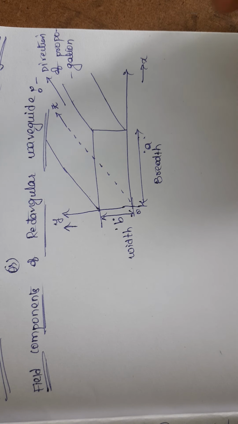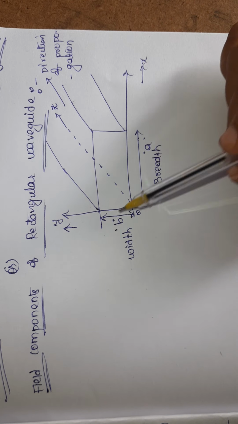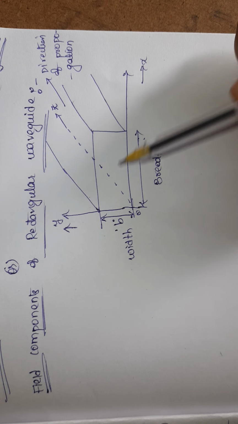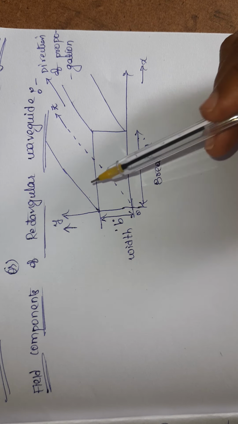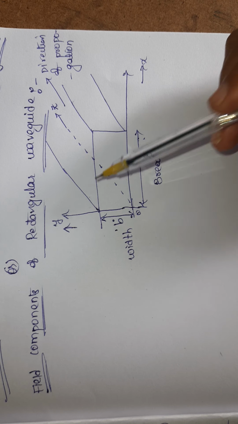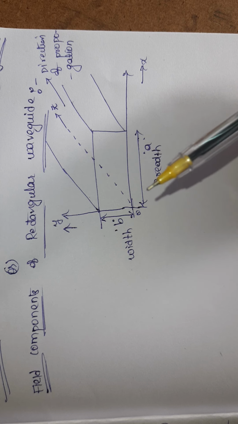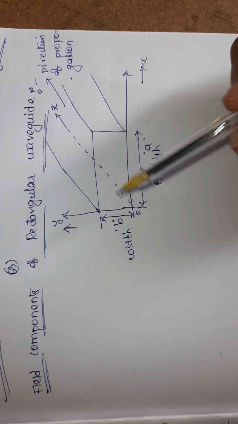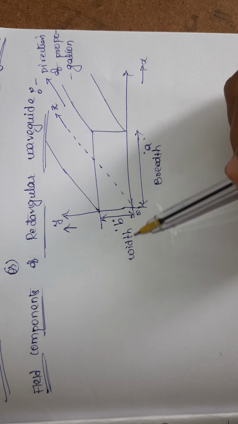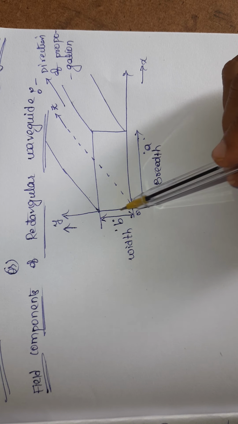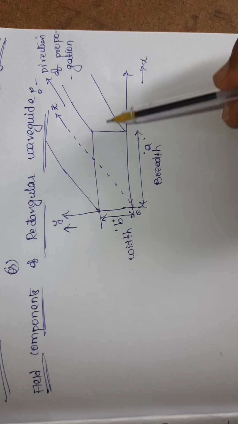As we know, in parallel plane waveguides we considered only two parallel plates, and the length along the y direction is infinity, and along the x direction the wave is restricted.